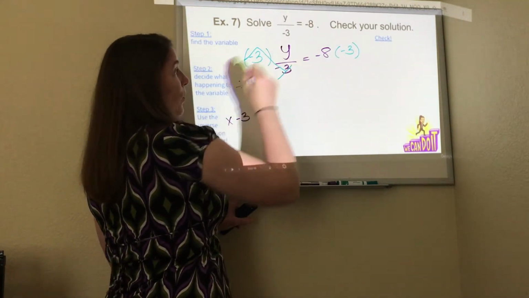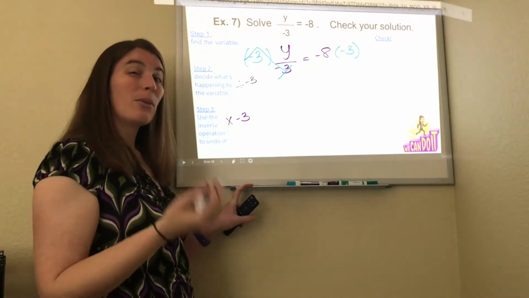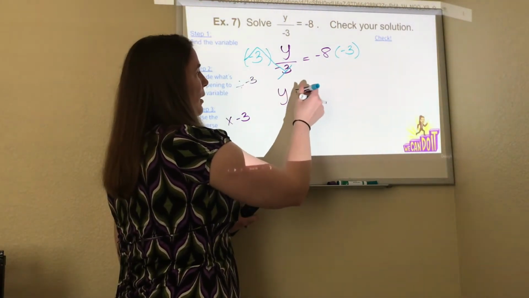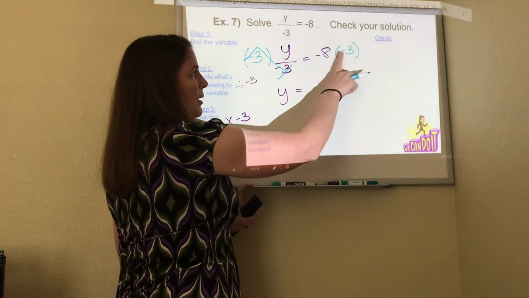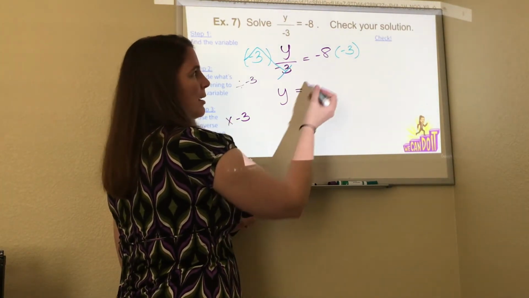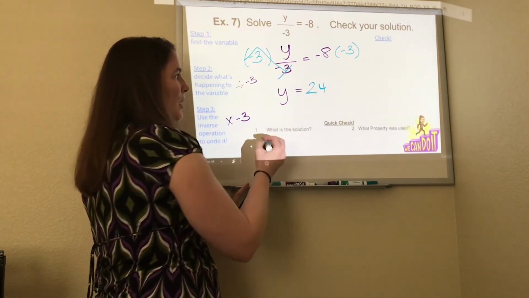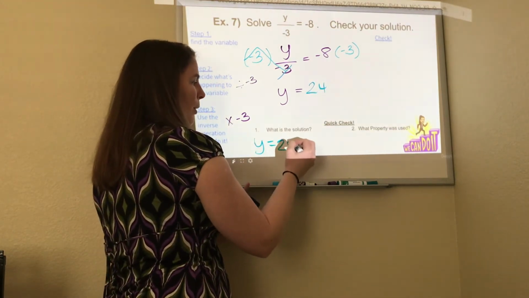This is my giant 1, because -3 divided by -3 is 1. So I'm left with Y equals, and a negative times a negative is a positive, so 8 times 3 is 24. So my solution is Y equals 24.